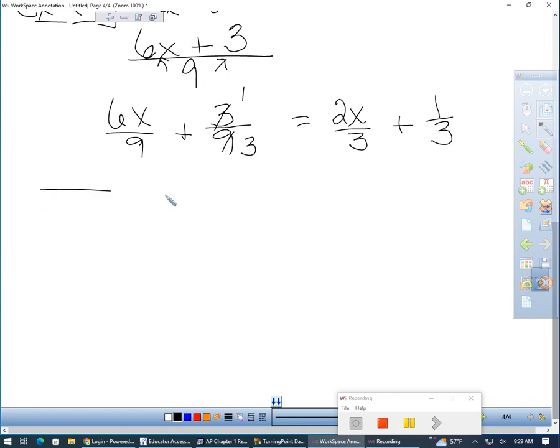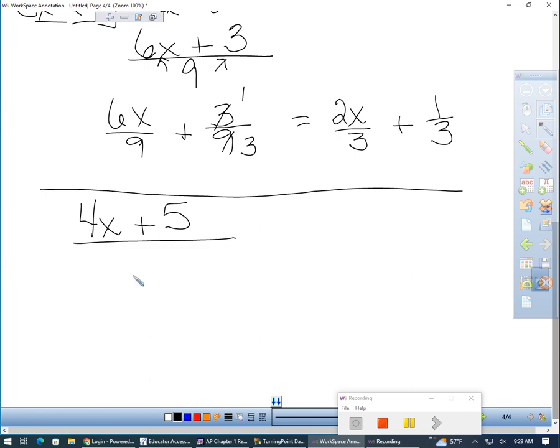Let's try one more real quick. Let's say I have, how about 4x plus 5 over 2. So first thing we have to do is split that up, right? So I put 2 underneath each part on the top. So I have 4x over 2 plus 5 over 2. Step 2, we see if we can reduce each one.